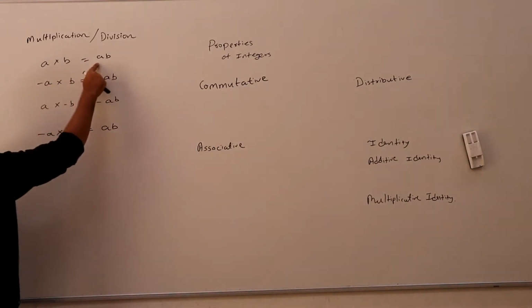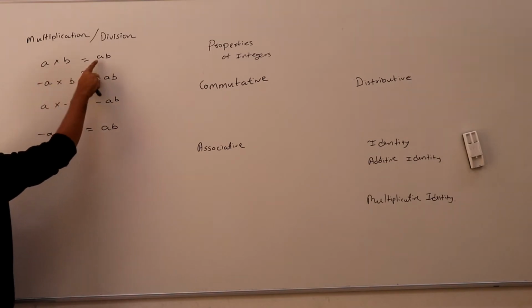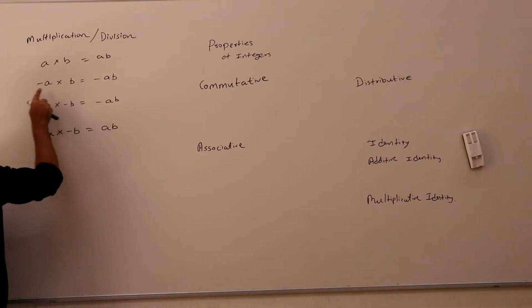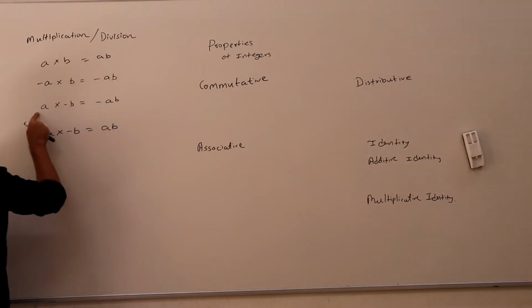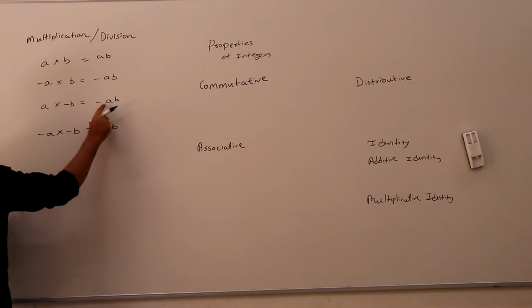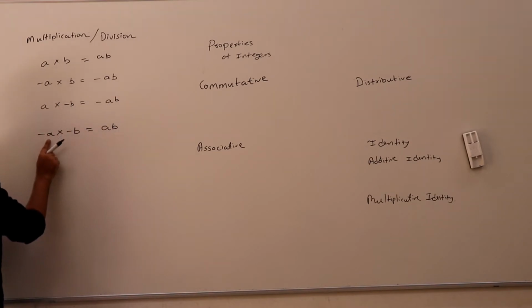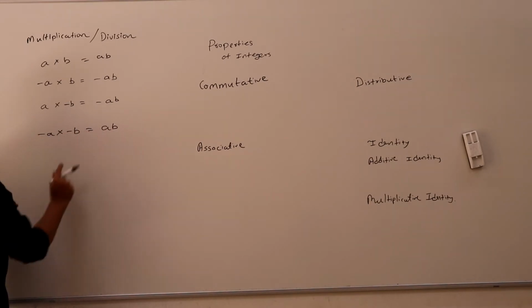A into B gives you AB, because both are positive, plus plus, answer is plus. Minus A multiplied by B, one is negative, another is positive, so plus minus, answer is minus. A into minus B gives you minus AB, because plus minus minus. Minus A multiplied by minus B gives you AB, that is minus minus plus.